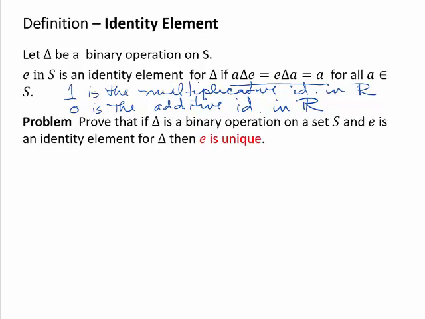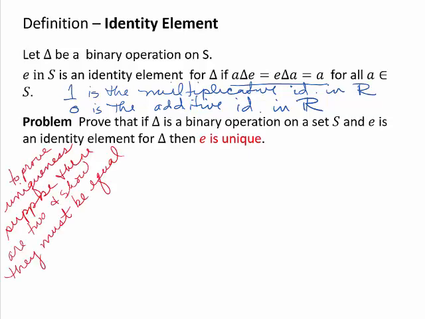Now this is a problem like you will work on in class. We want to prove that if there is a binary operation on a set S and there is an identity, then it is unique. There are not two of them. So there's always a way to prove uniqueness.